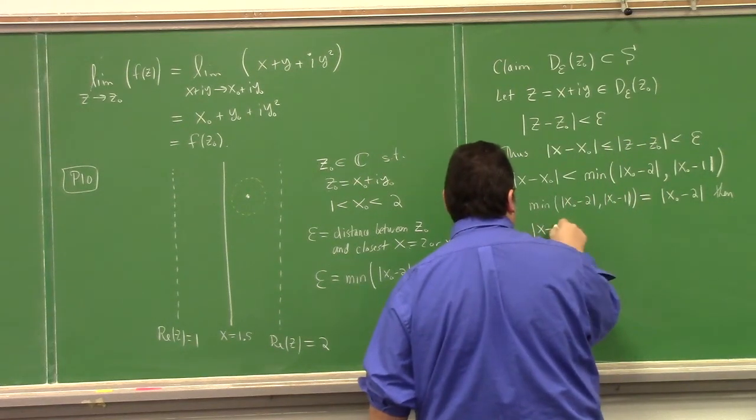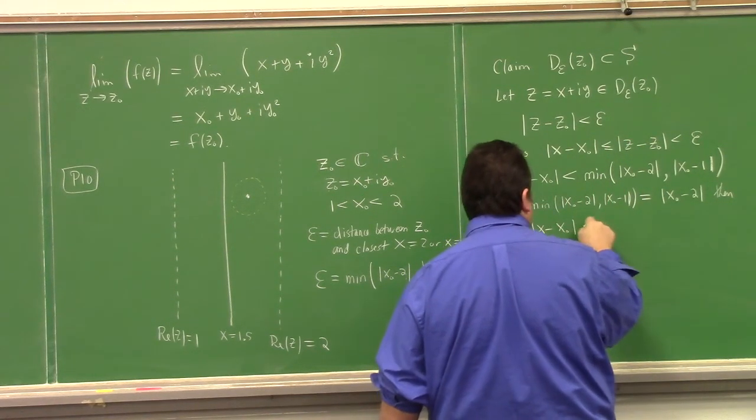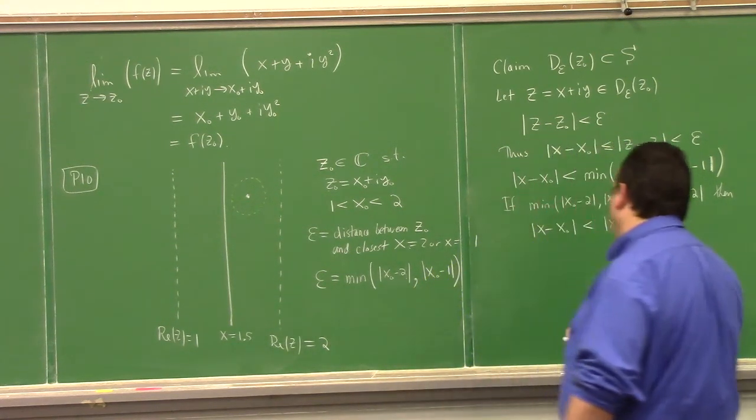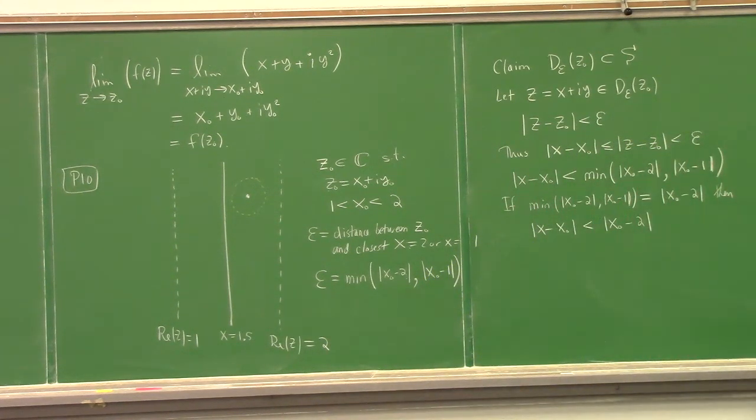The absolute value of x minus x naught is less than the absolute value of x naught minus 2. What does that mean?